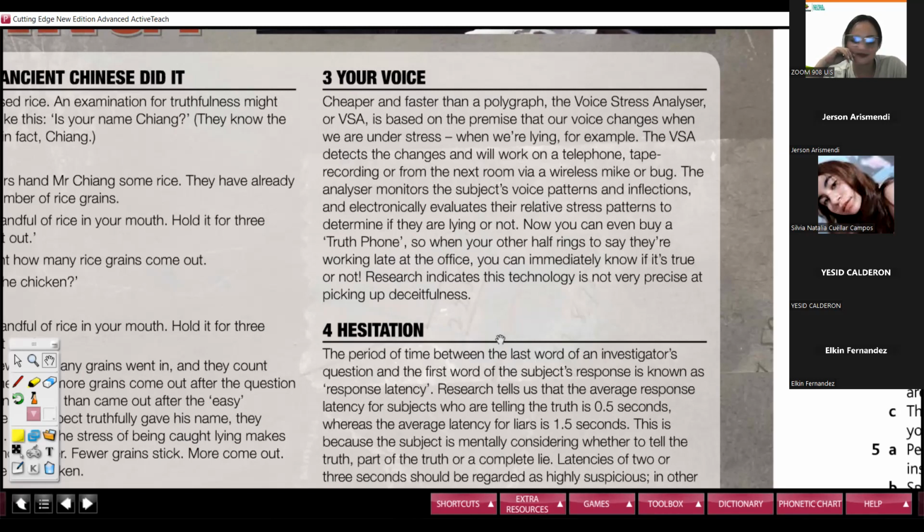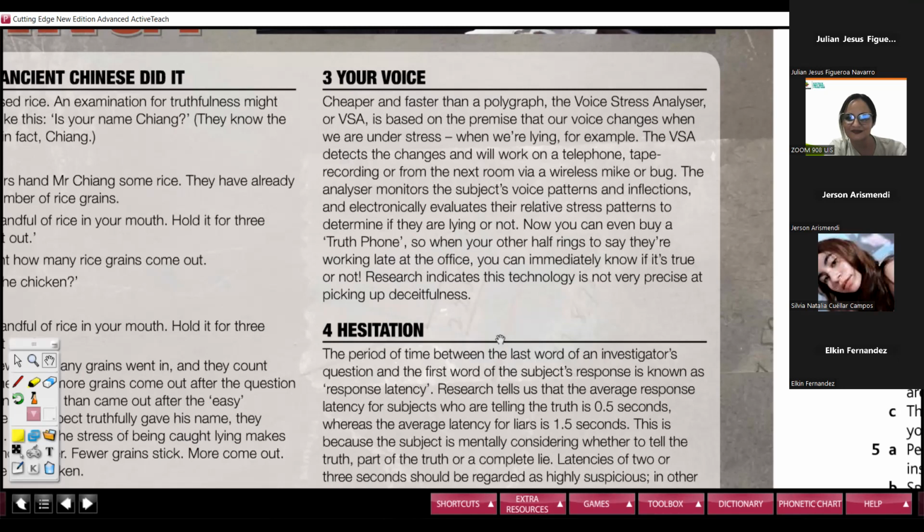Another thing that I analyze is their hands, if a person is shaking. Another thing I analyze is their voice or tone.